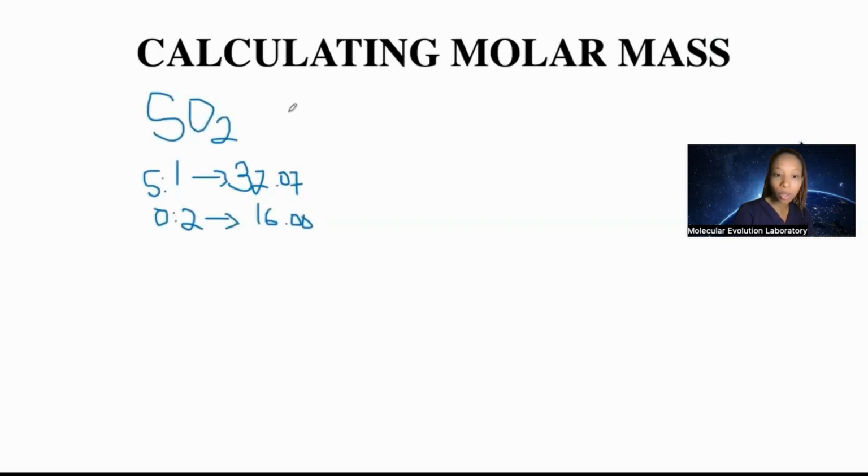So to calculate the molar mass, that would be 1 times 32.07 plus 2 times 16, the molar mass of oxygen.